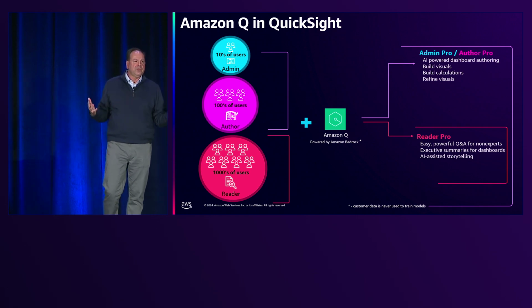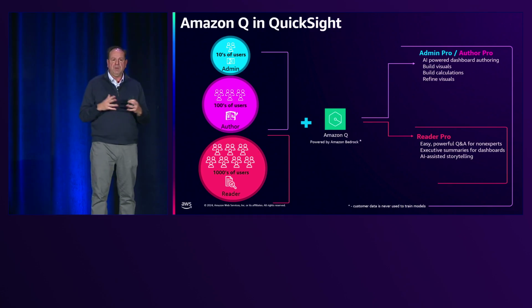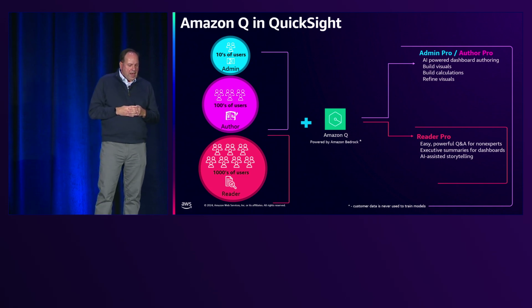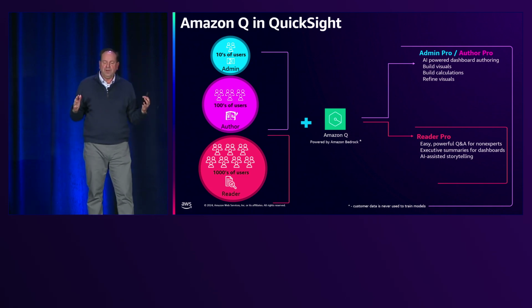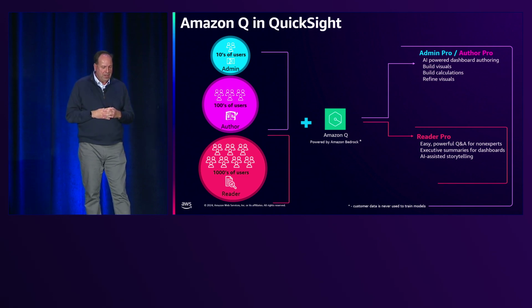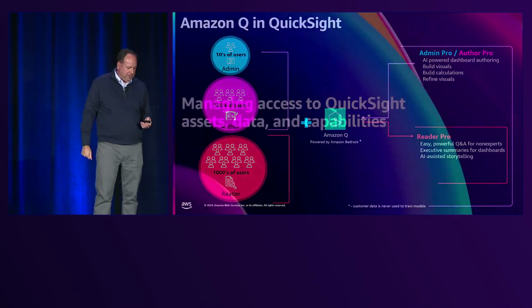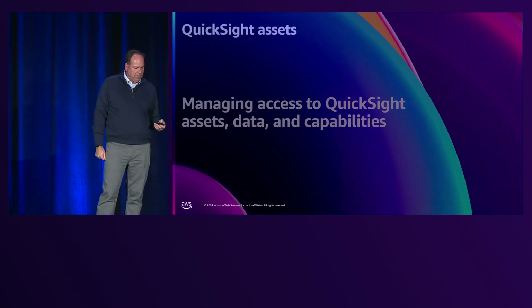They can build visualizations with natural language. They can build calculations with natural language. And of course, they can refine visuals with natural language. And then the reader pros have access to that powerful Q&A experience that I just showed you, as well as the executive summaries for dashboards. And they also have access to the AI-assisted storytelling capabilities.